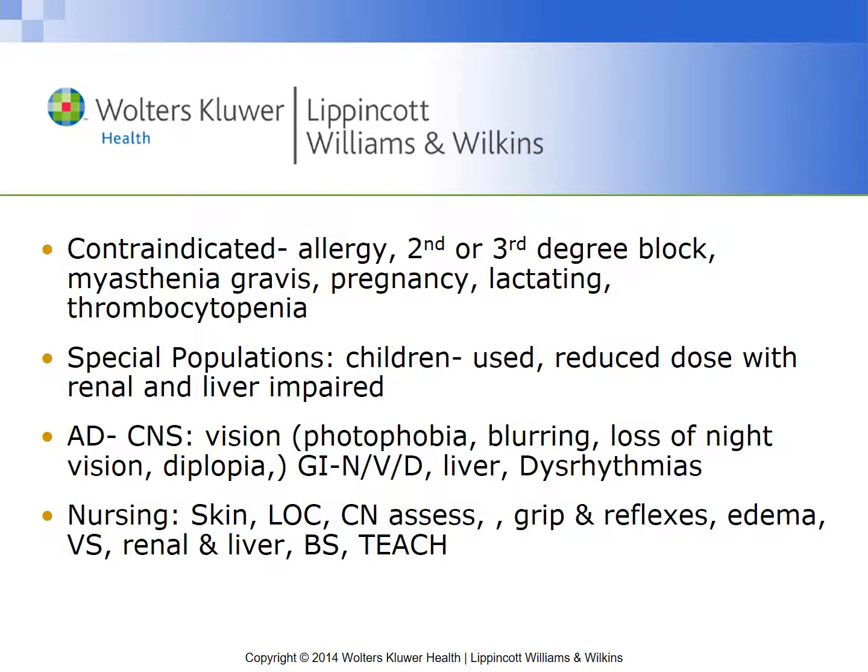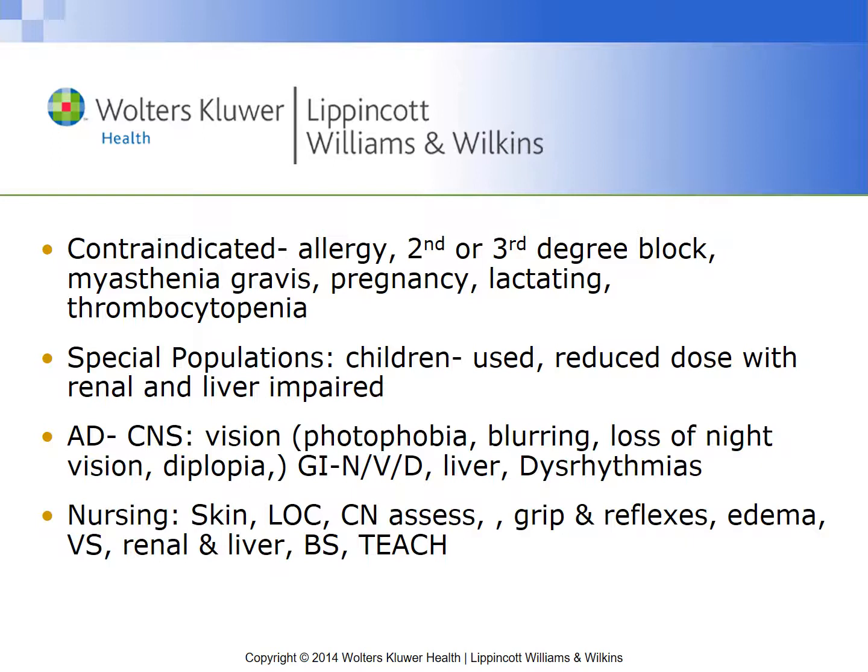The adverse effects, central nervous system, can be vision, photophobia, blurred vision, not even double vision. And of course it has the nausea, vomiting, diarrhea for the GI adverse effects and the liver. And of course dysrhythmias. So the nursing care, we're going to assess the skin, the level of consciousness, and the central nervous system.